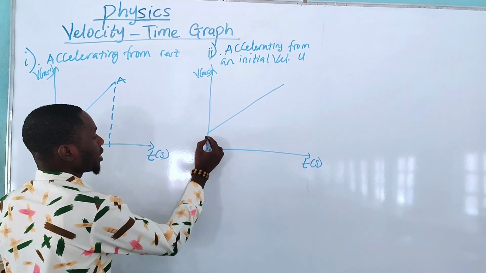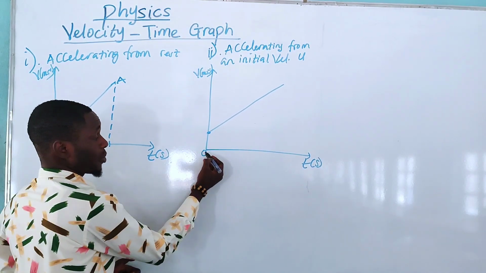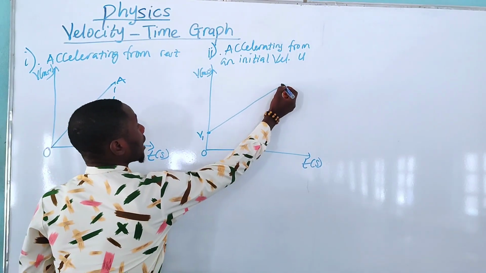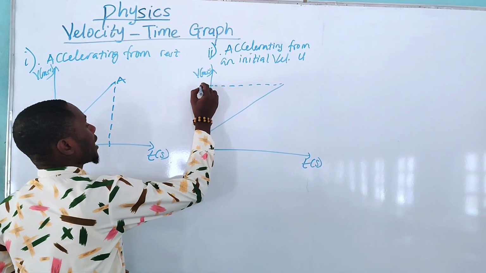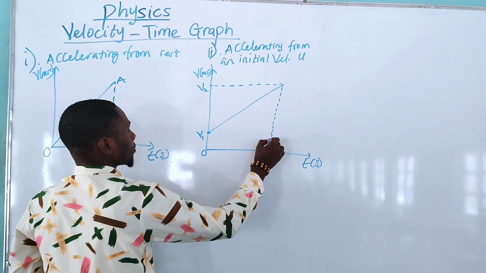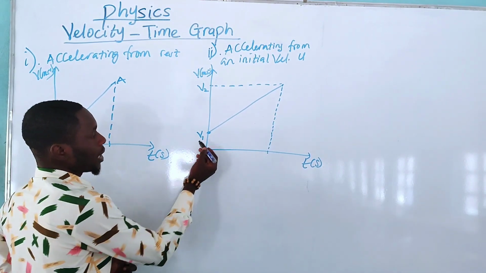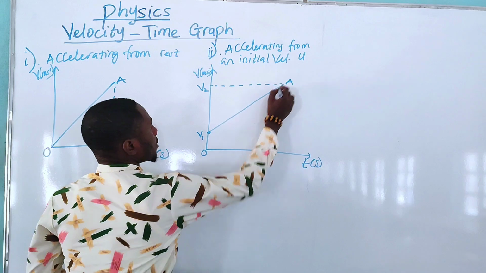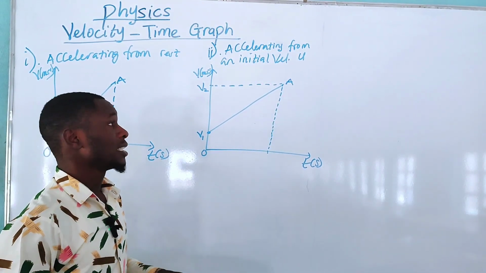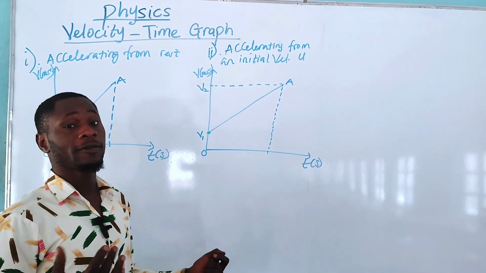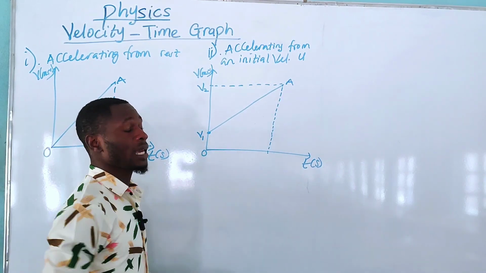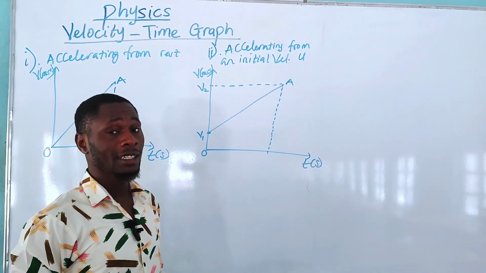So here is the origin, but the graph is not starting from the origin, it's starting from an initial velocity. Let's call this v1, until it attains a final velocity, which is v2. The gradient or the slope of this line represents the acceleration of the body. So anytime a body is starting from an initial velocity, this becomes the format of the graph. Remember, at this point here, it will be that initial velocity.